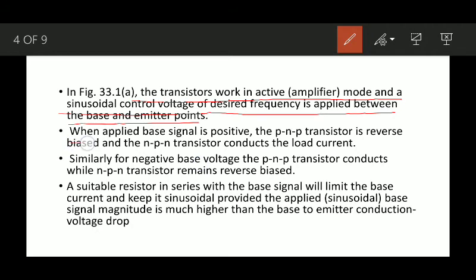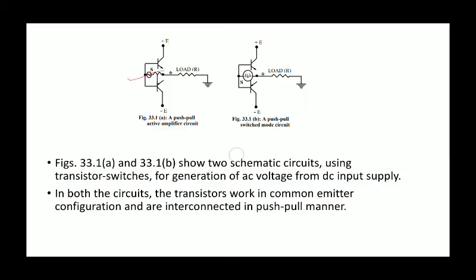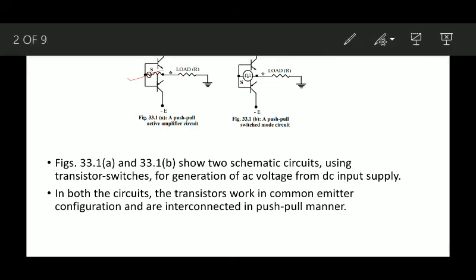When the applied base voltage is positive, the PNP transistor is reverse biased and the NPN transistor conducts the load current. During the positive half cycle, this transistor will conduct, and the PNP acts as an open circuit.